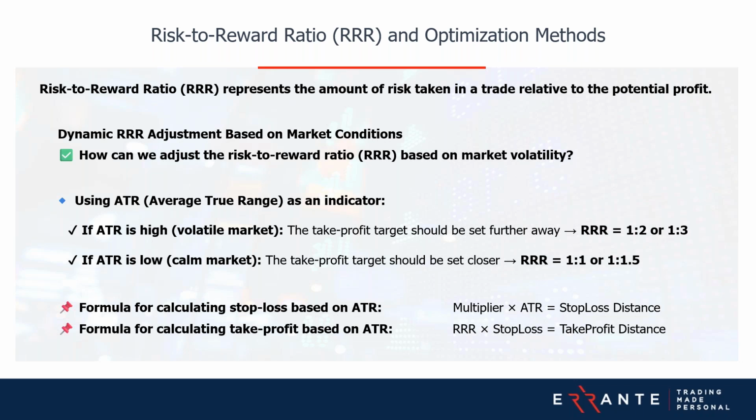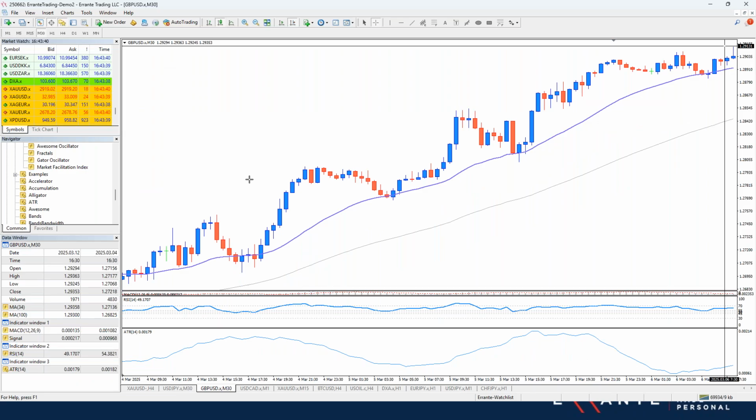So a higher multiplier is used for trend trades, while a lower multiplier works better in ranging markets. So the formula you see here is a multiplier, and this multiplier should be 1.5 or 2, up to let's say 3, and that would be cool.